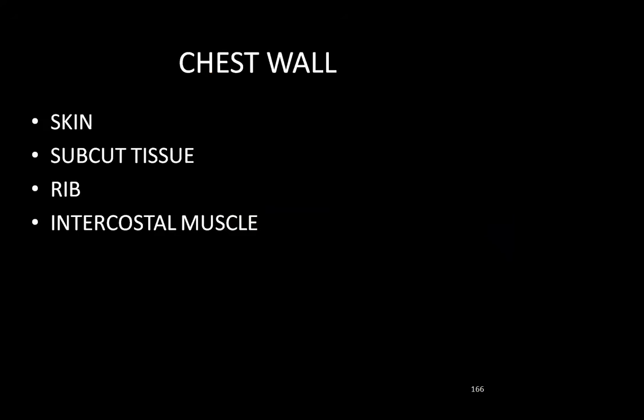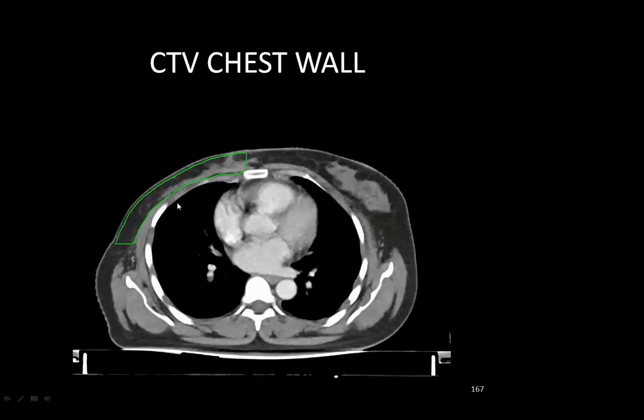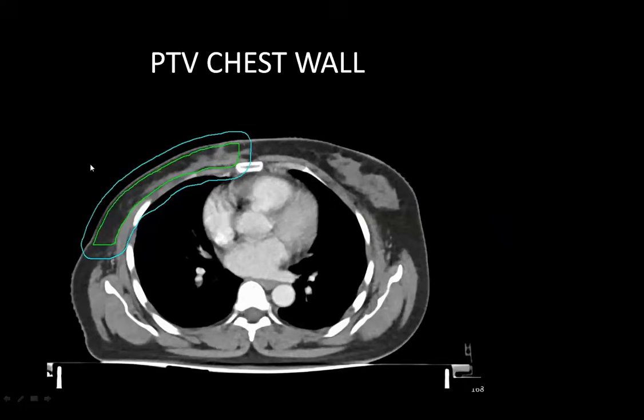For the chest wall, the very small area includes the skin, subcutaneous tissue, rib, and intercostal muscles. Mostly the guidelines tell you to exclude the intercostal muscles and the rib. So this is the CTV chest wall. Then you give a 1 centimeter margin. What is the medial margin?